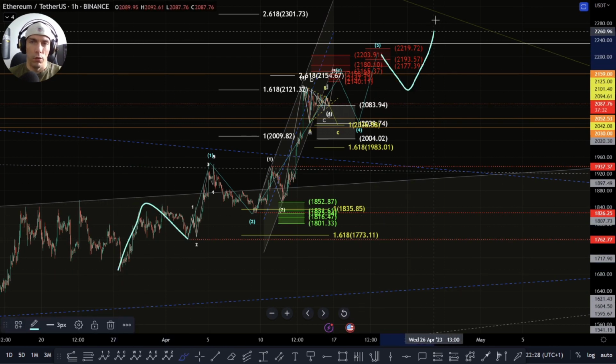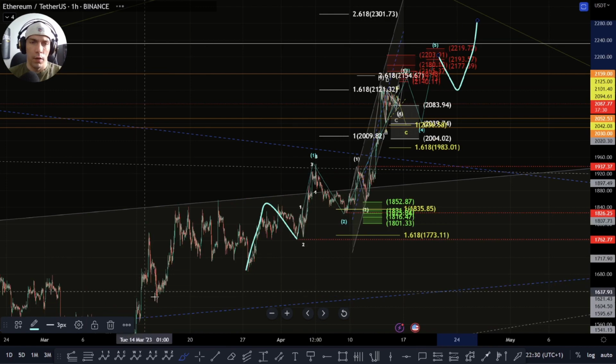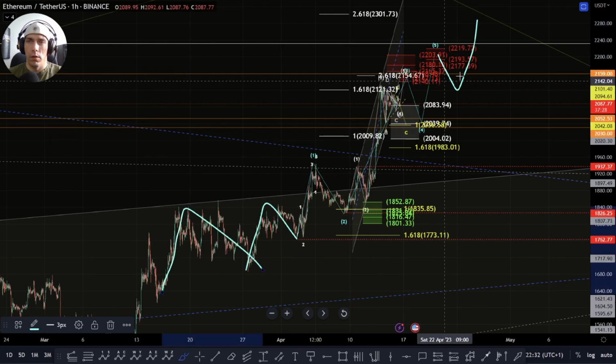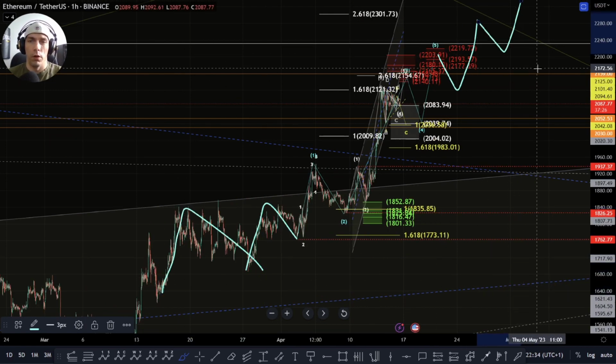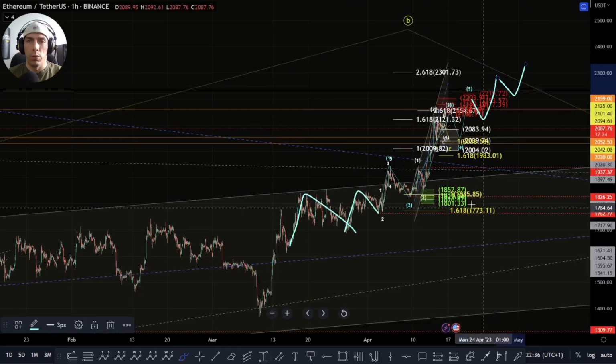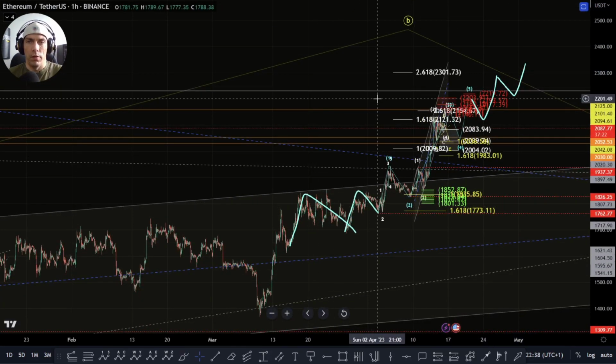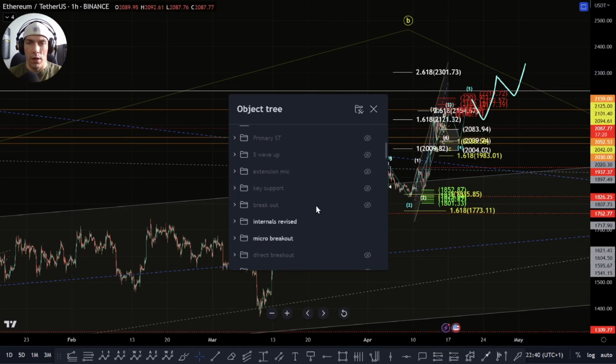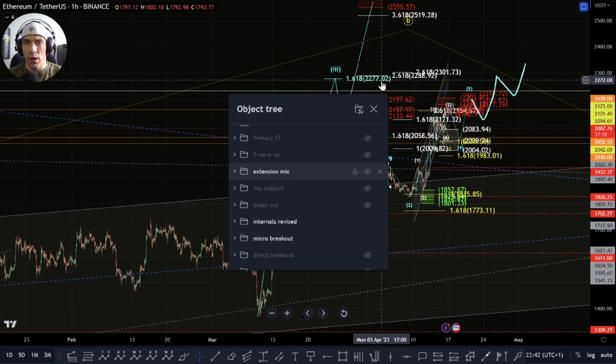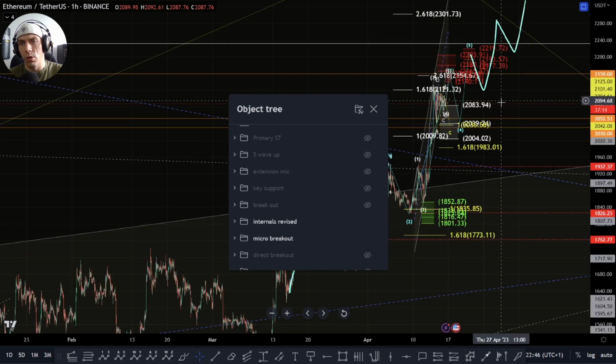This would become then additional fourth and a fifth over here, and then we'd get another 1, 2, and then this would basically be an additional fourth and a fifth, and this would look to build that move up towards that 1.618 area that we were talking about earlier, which would be up here towards 2277. So this is how we want it to build.